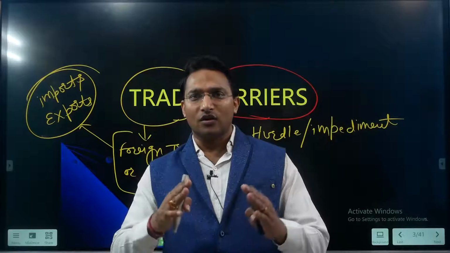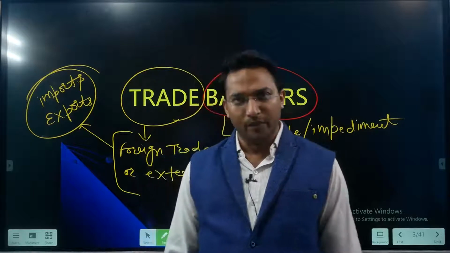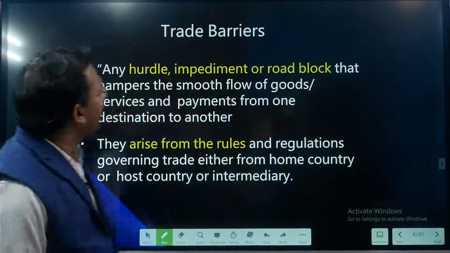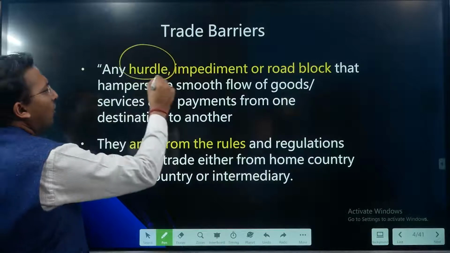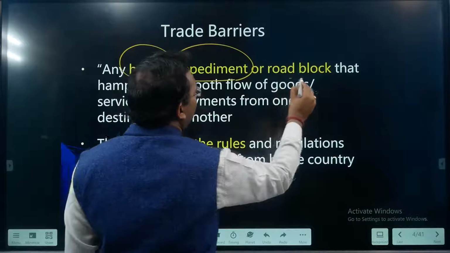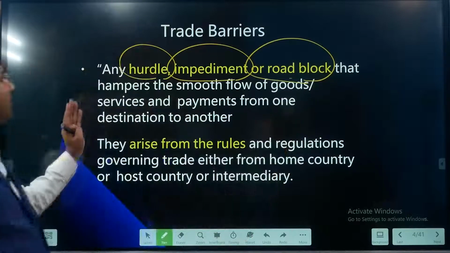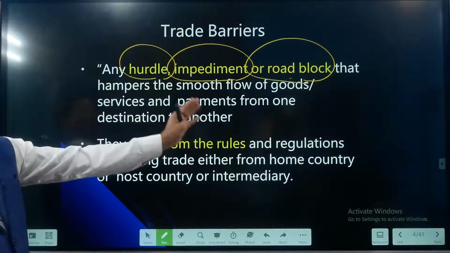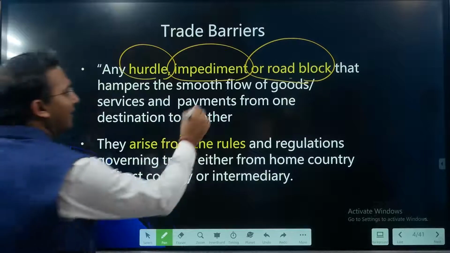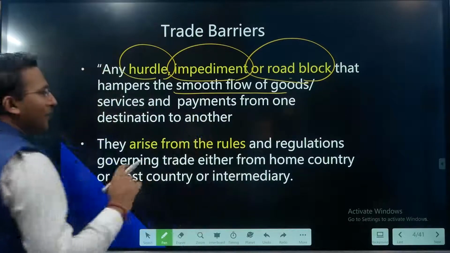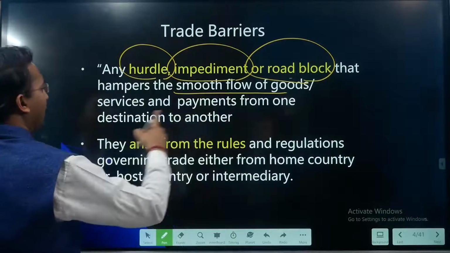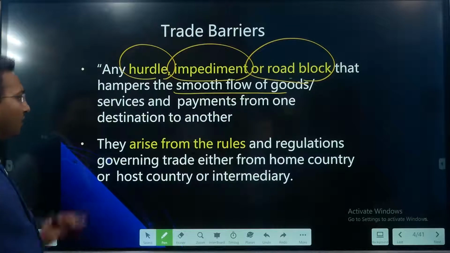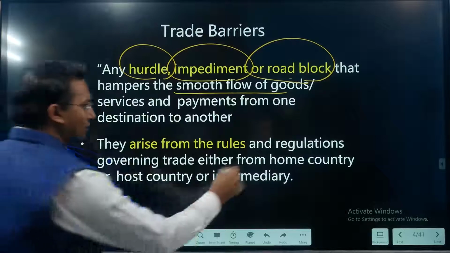So trade barriers means any hurdle or impediment or roadblock that hampers the smooth flow of goods and services. Smooth flow happens through the import and export and payment from one destination to another. They arise from the rules and regulations.